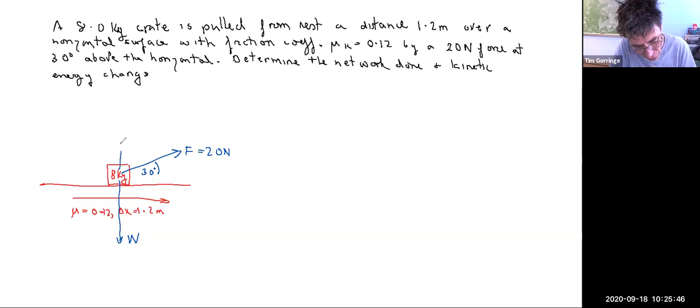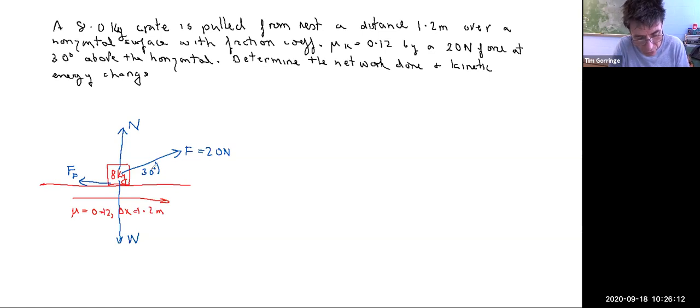A third force that's acting is a normal force of the floor on the crate that helps support the crate. And then finally, a fourth force, that's the frictional force. That's resisting the motion of the crate as it slides across the floor. So those are the four forces.